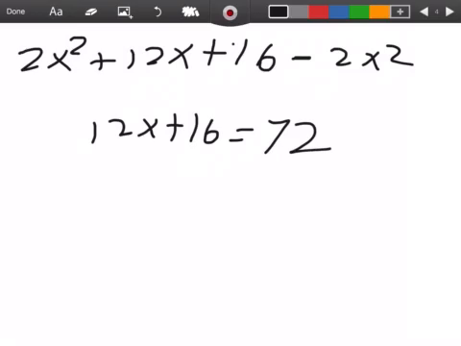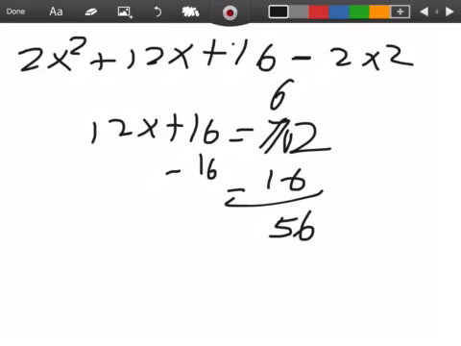So now you can solve this equation pretty easily. Subtract 16 on both sides. 56. And then divide by 12. You get 4.